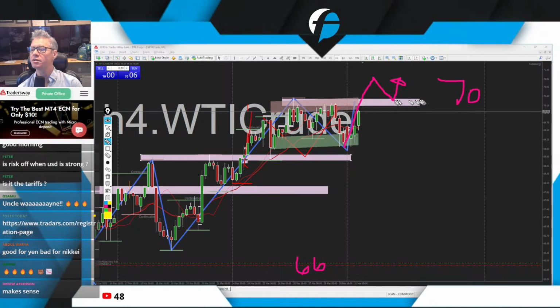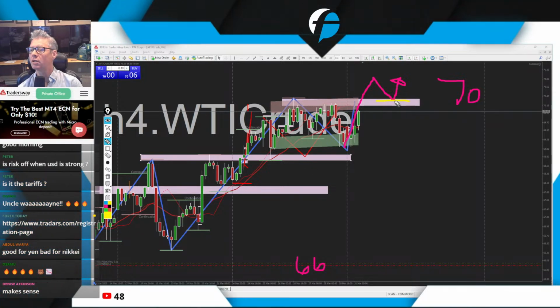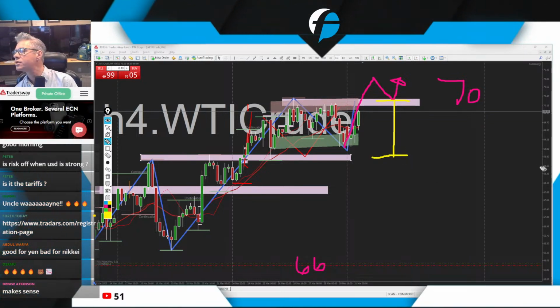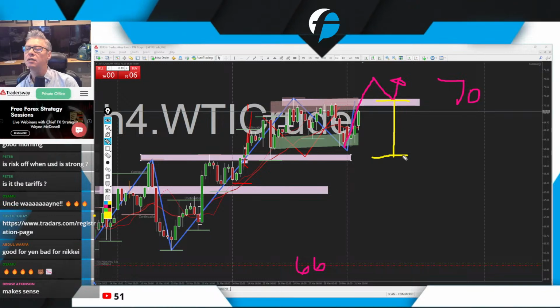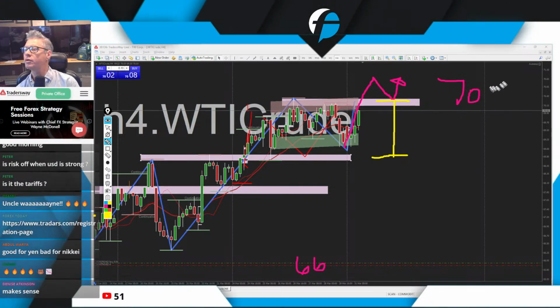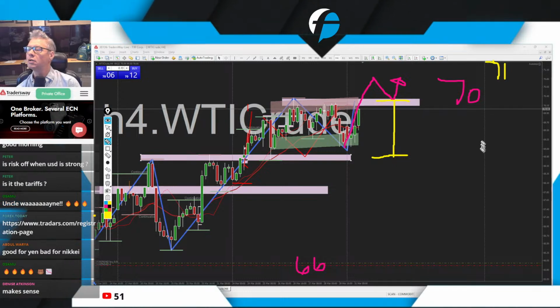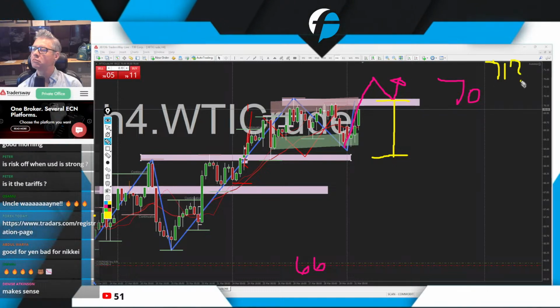You would use pivot points to project, or the old school way is you take the distance from the range. The bottom of the range is 69. Top of the range is 70, so we'd be on our way to 71. Maybe?